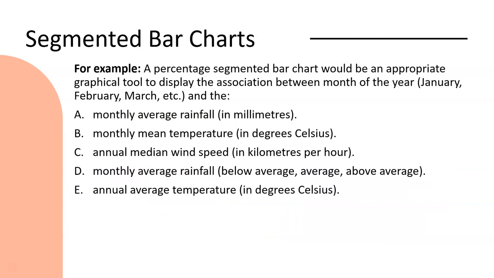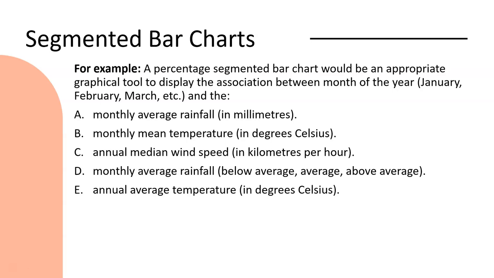The final type of question we tend to get is where we are given the types of variables and asked to identify what's the most appropriate display, or told, as in this case, a display that we want to do and want to know what is the appropriate type of variables to show.